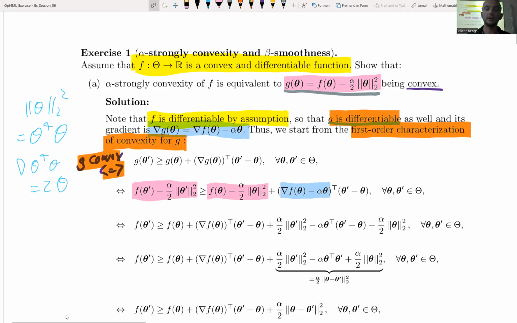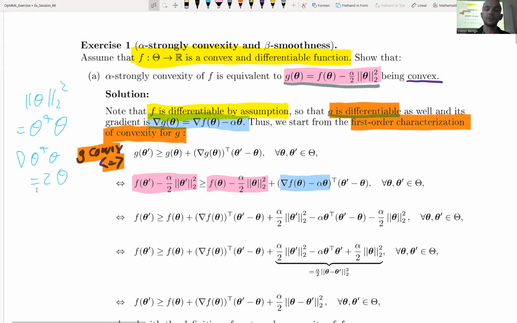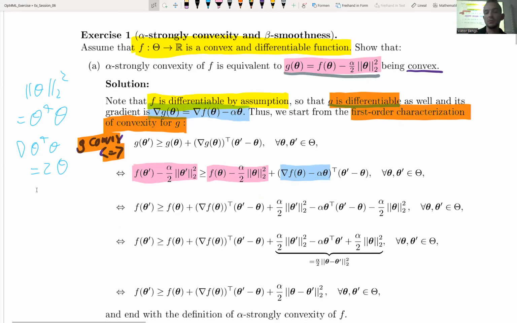We haven't done anything. Then we only have to play around with the terms occurring here. We want to arrive at the definition of alpha strong convexity. So to arrive there, it's a good idea that f of theta prime stays on the left-hand side and everything else, essentially this squared Euclidean term of theta prime times alpha half, should go to the other side.